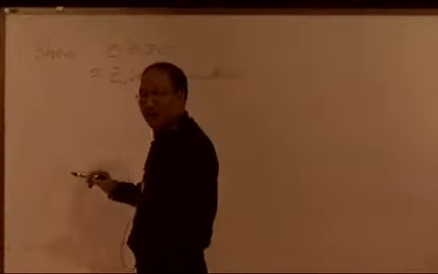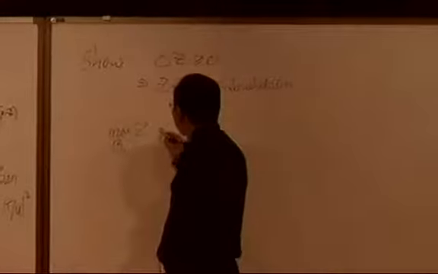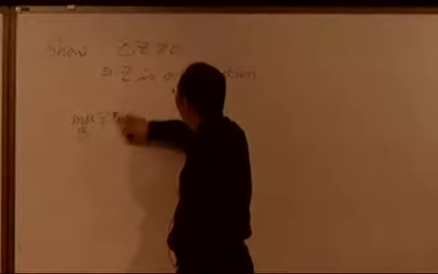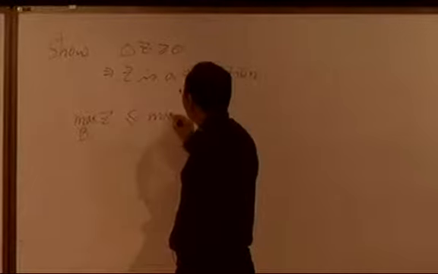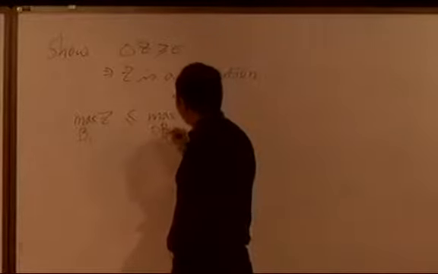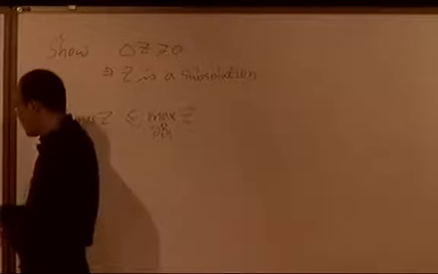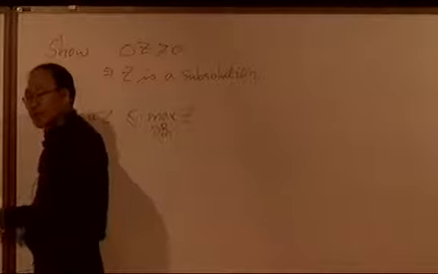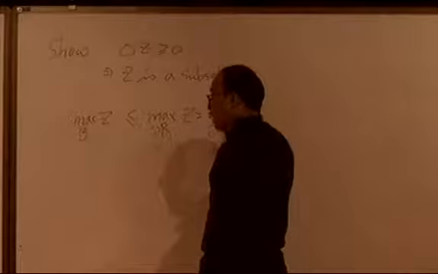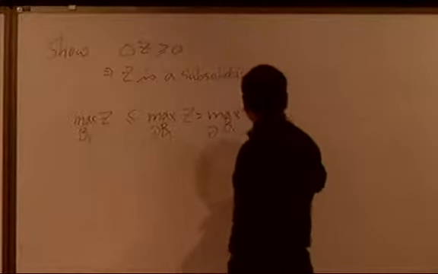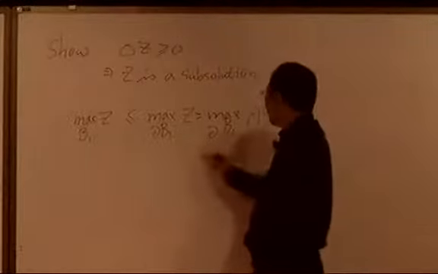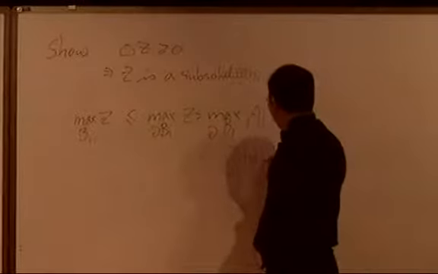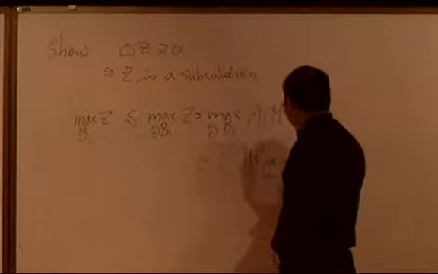Right? Then the max of G on B1 is less than or equal to the max of G on the boundary. Under the boundary, since this is a cutoff function, the value is 0. So this is basically the max on B1 of A minus u squared, so it's like a constant times the L infinity norm of u in B1.